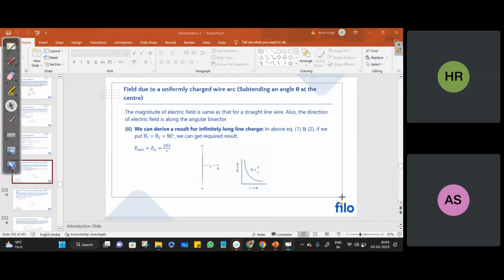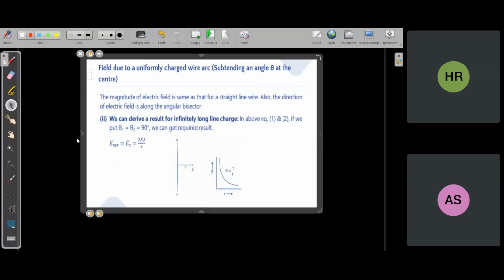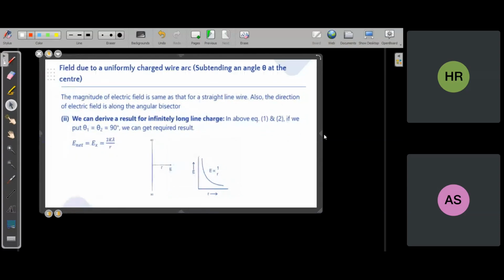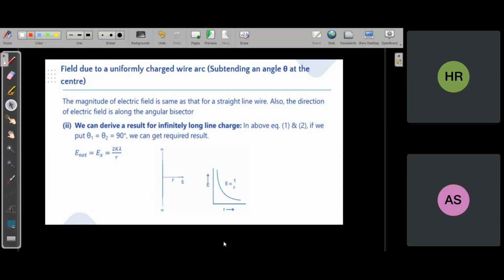If suppose it is an infinitely long wire, later you can see that we can derive all these expression in the next part of this chapter by using Gauss law, which is very easy. We will not do these derivations with integration. We'll directly use Gauss law, and very simply we can find the electric field. Yes.